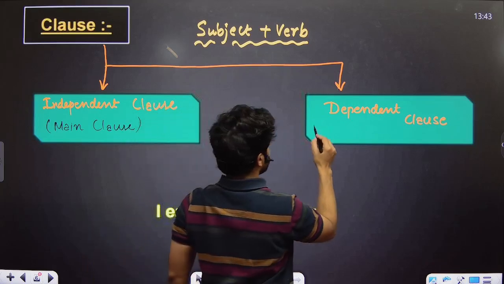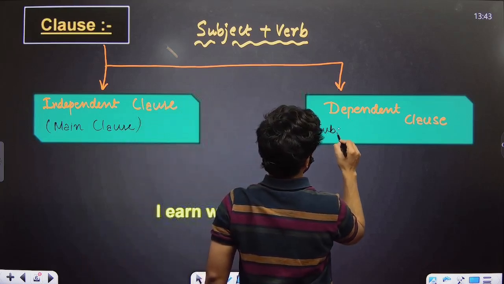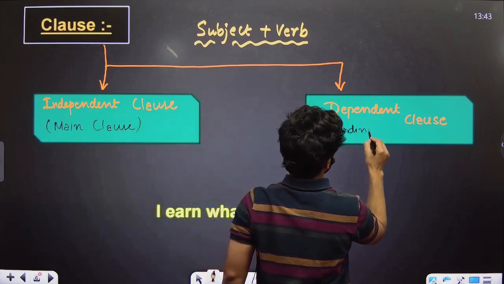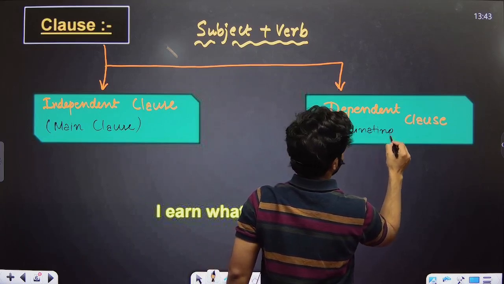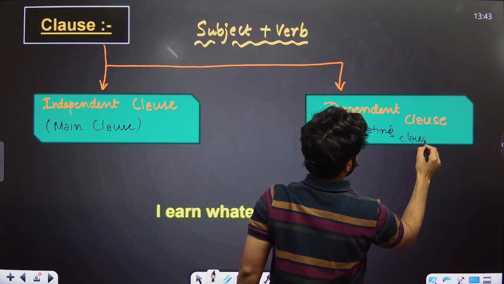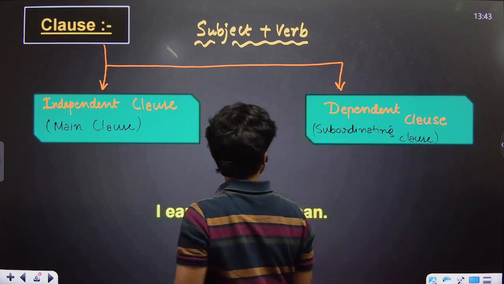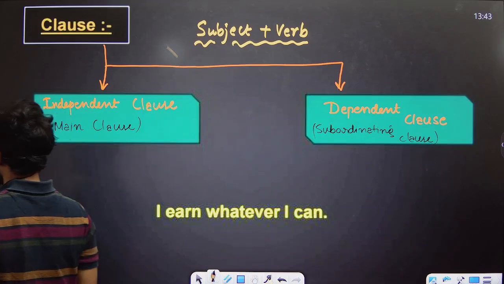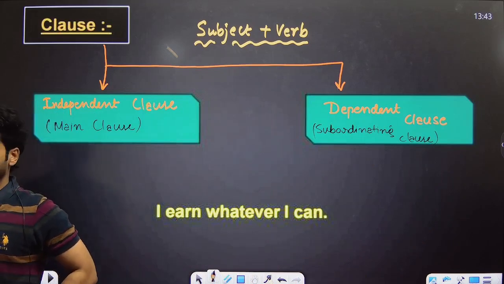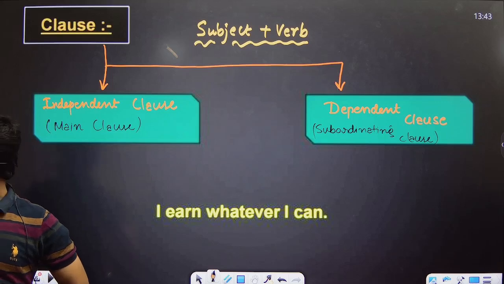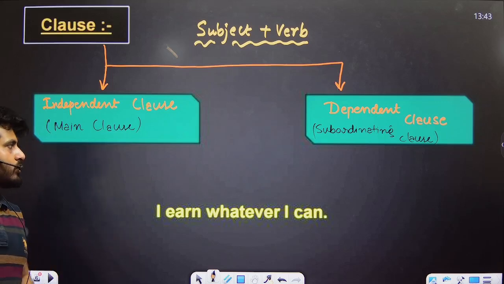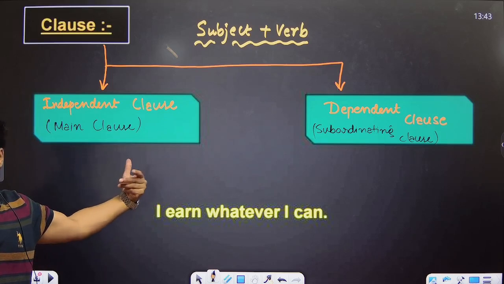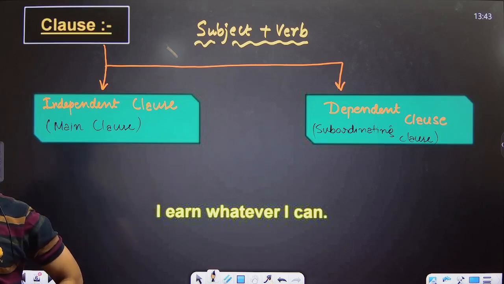And this is subordinating clause. I earn whatever I can. Yes. Which one is the main clause? Which one is the subordinating or dependent clause?